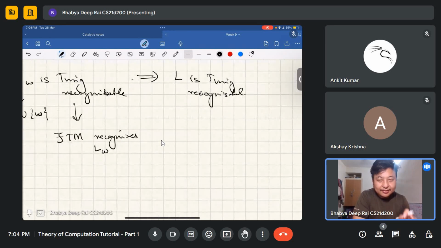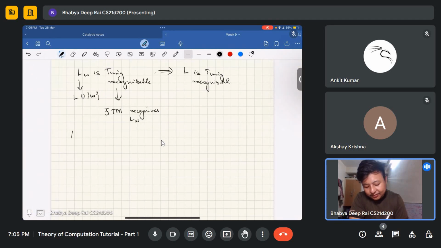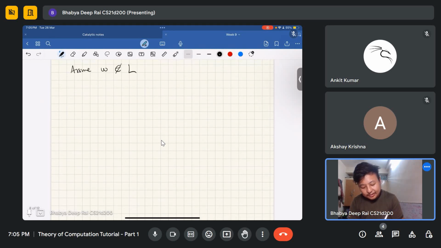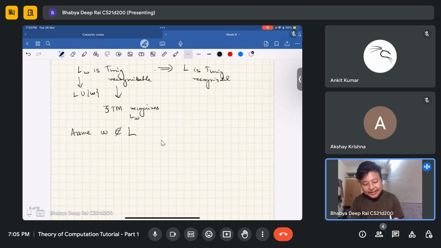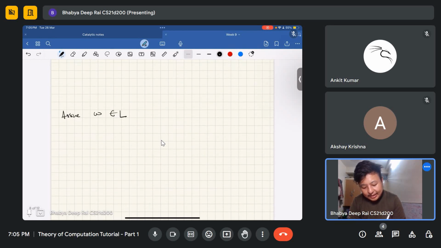Here we need a slight knowledge about L. So we assume W does not belong to L, and then I'll give a Turing machine. And assume W belongs to L, then I'll give a Turing machine. Let's do this case first.